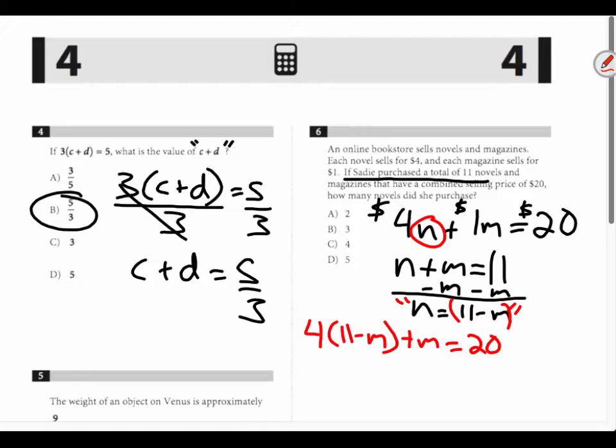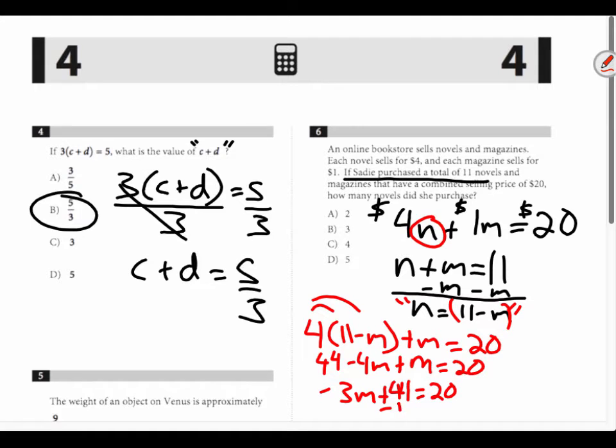Okay? So I distribute the 4 through the parentheses, I get 44 minus 4m plus m equals 20. If I combine like terms, I get negative 3m plus 44 equals 20.